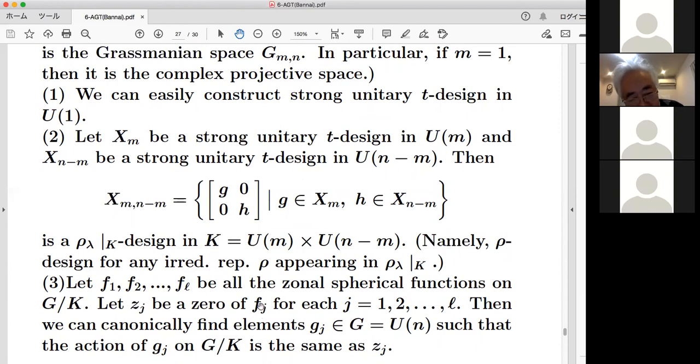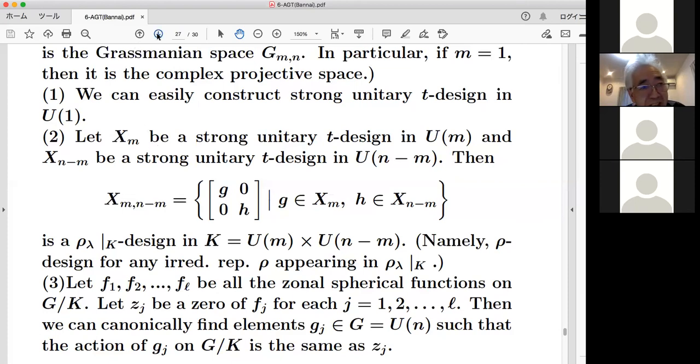We can find a zero for each spherical function, for each j equal 1 to L. Then we can canonically find an element gj in G such that the action of gj on G over K is the same as xj. Gj is an element in the unitary group such that the action on G over K is the same as this xj, where xj was a zero of fj.